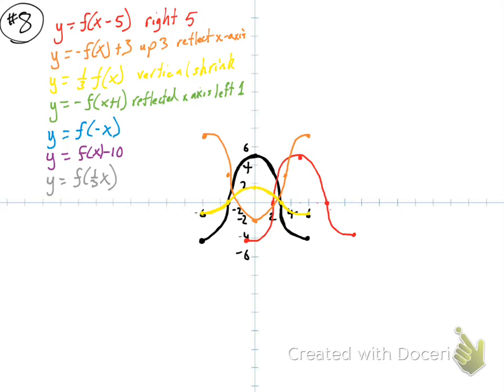So negative 4 becomes a positive 4, and then it moves 1 to the left. So now, instead of being at a negative 6, that's now at a negative 7. And so on through there. So 0's still going to stay 0, but then move to the left. Positive 5 becomes a negative 5 and moves 1 to the left.